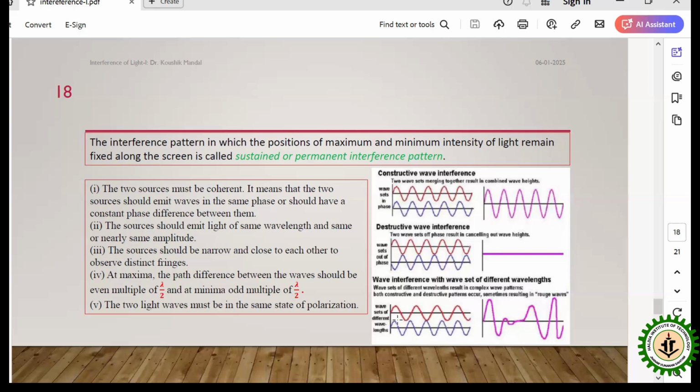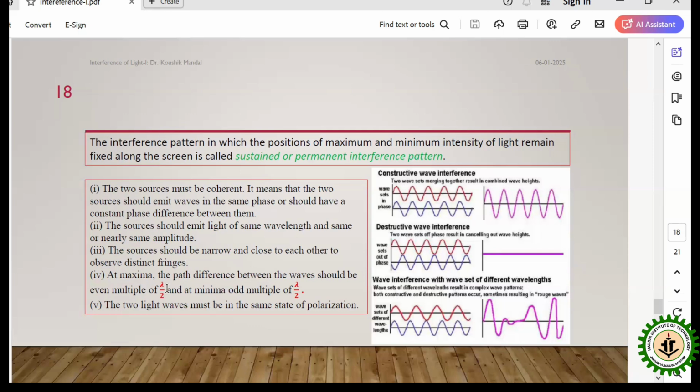This irregularity in the phase difference and the path difference gives you this irregular pattern of the intensities.